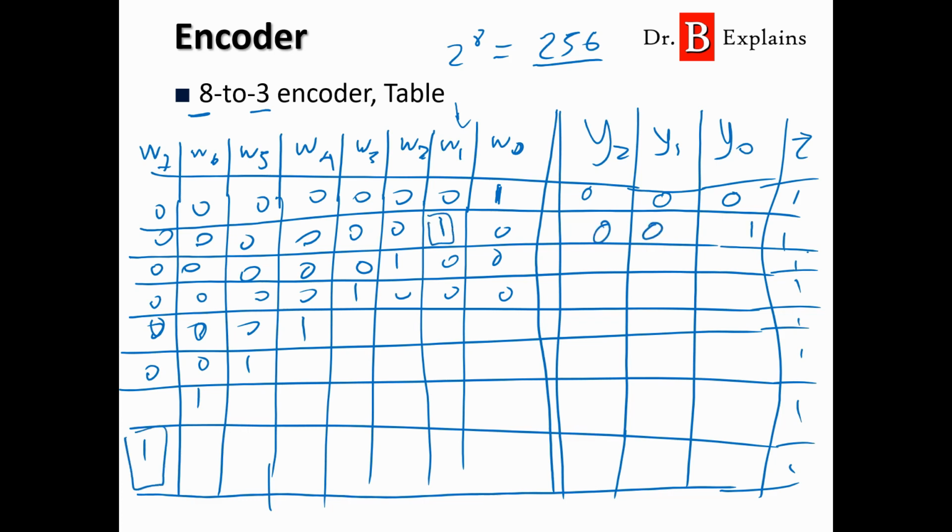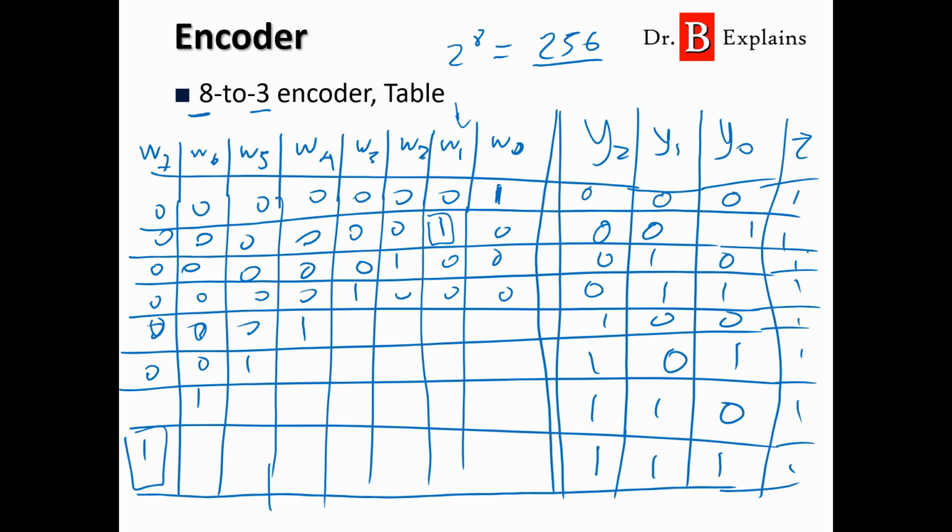And for example, in the case of W7, we have 1, 1, 1. That means that the 7th input is the one that is on. Same for this, a 6, a 5, 4, and then 3, and then a 2.